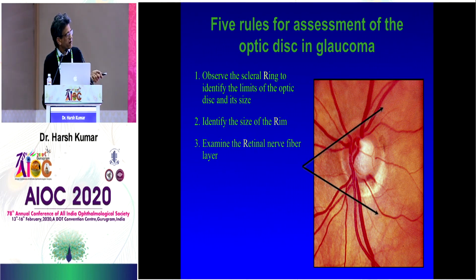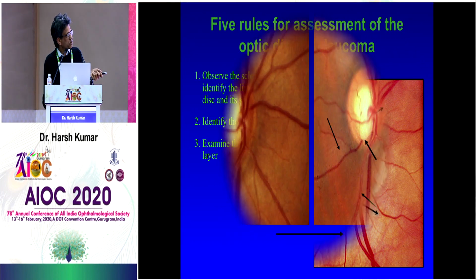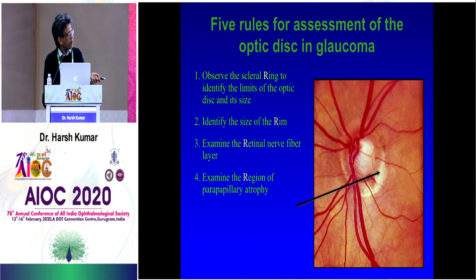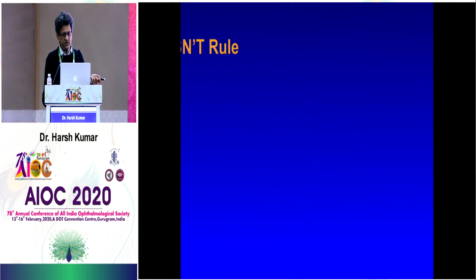You have to look at the nerve fiber layer, which we just showed you. If the nerve fiber layer goes, you can see these dark wedge defects, and you can judge that something is going wrong. The fibers here are dying, and you can see these dying fibers here. Then you can have parapapillary atrophy, and obviously, as we have been telling you all along, the hemorrhages.